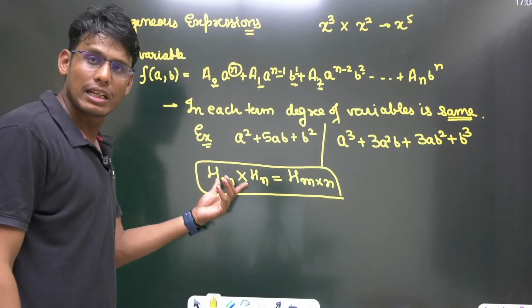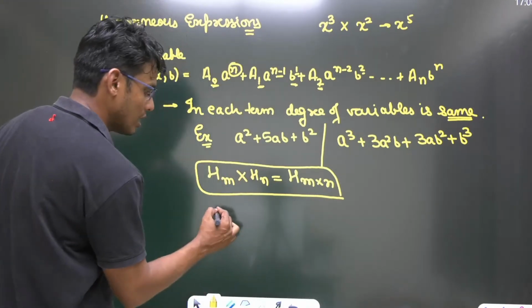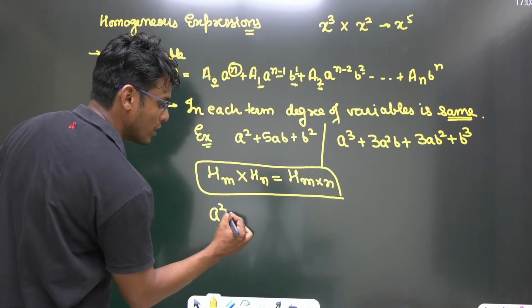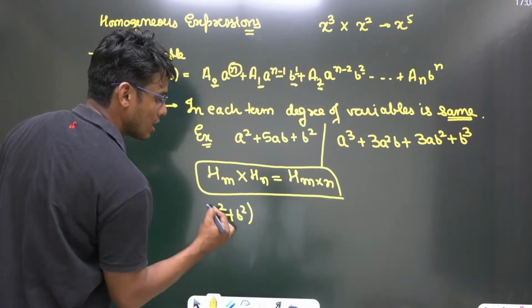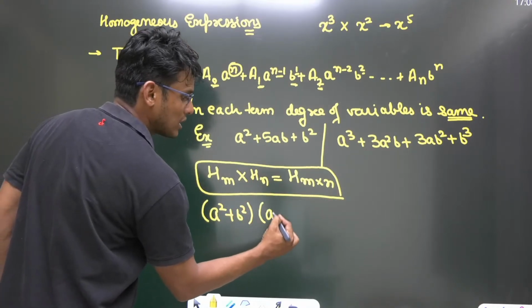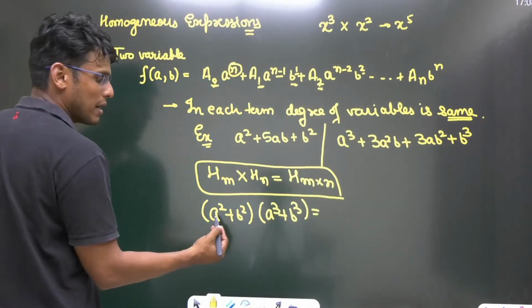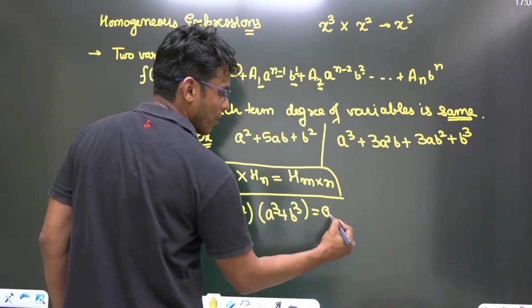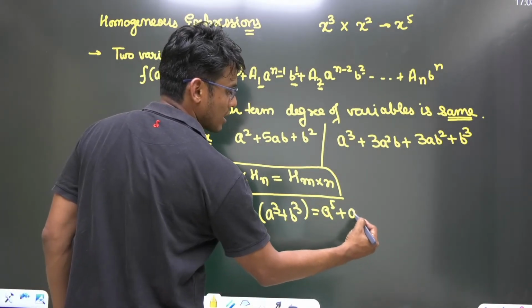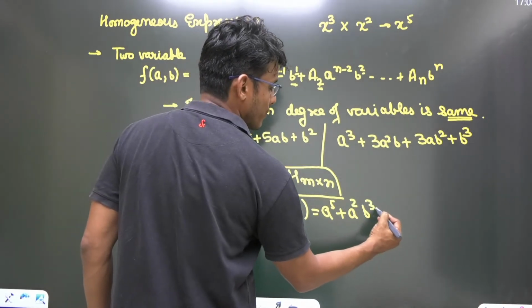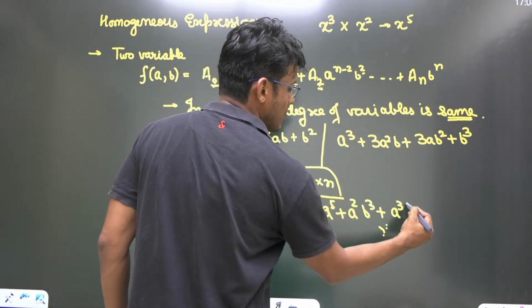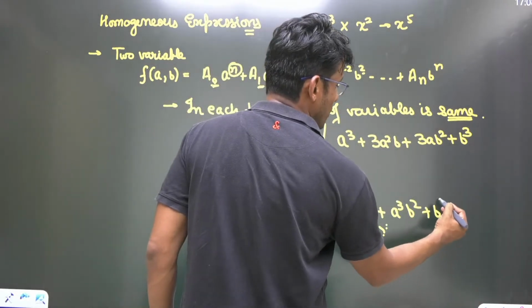So let's see the application of this. I take a 2 degree expression, I multiply it with a 3 degree expression. What do I get? Just simply multiply it. a to the power 5 plus a square b cube plus a cube b square plus b to the power 5.